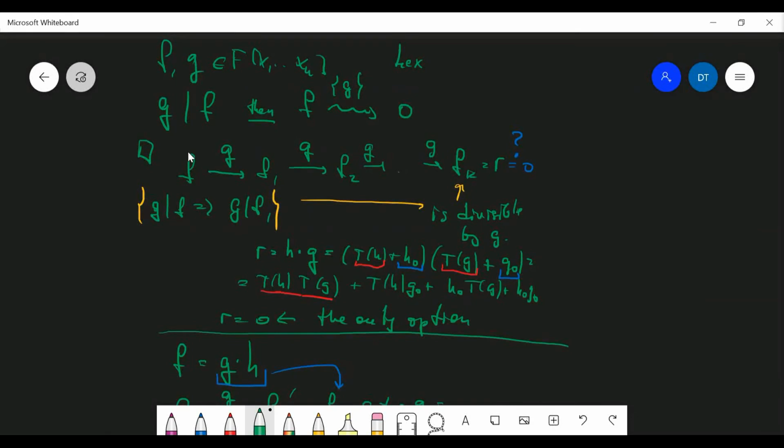Because of this fact, I know r is divisible by g, as a consequence of f1, f2, etc. being divisible by g. But if r is divisible by g and it's not 0, it cannot be a remainder. I can still continue the reduction process. So if it's not 0, let me show you how to continue the reduction process. This will be a contradiction because r must be a remainder.